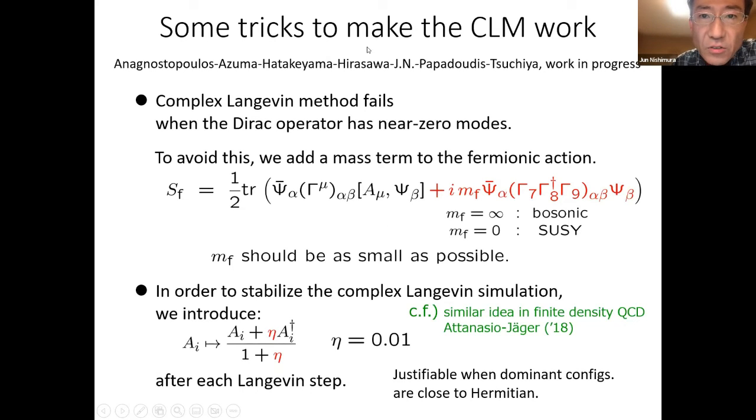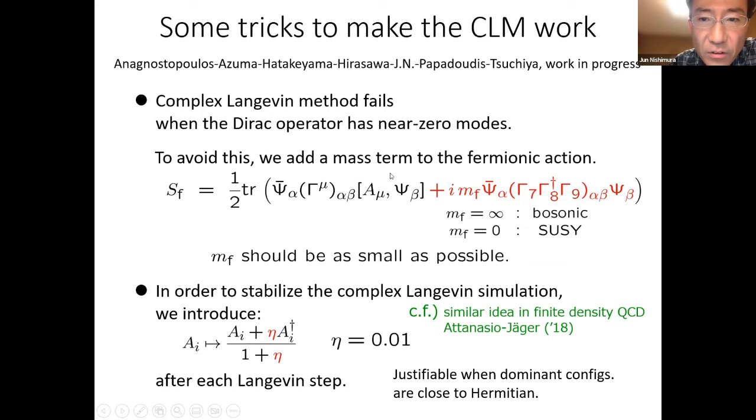There are also some tricks to make the complex Langevin method work, because this is a very tricky method which requires some techniques to make it work, really. First, we have to be careful about the Dirac operator, because if it has near zero eigenmodes, then the complex Langevin method fails.